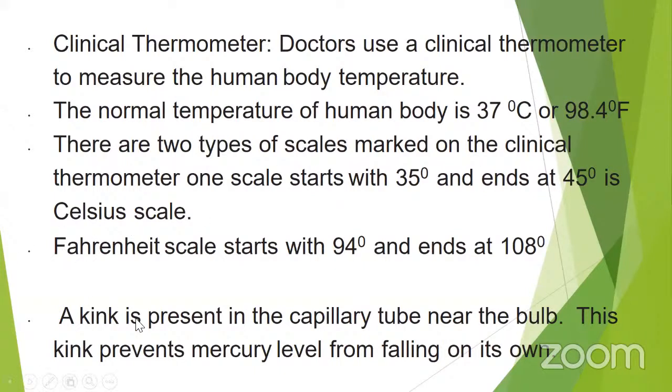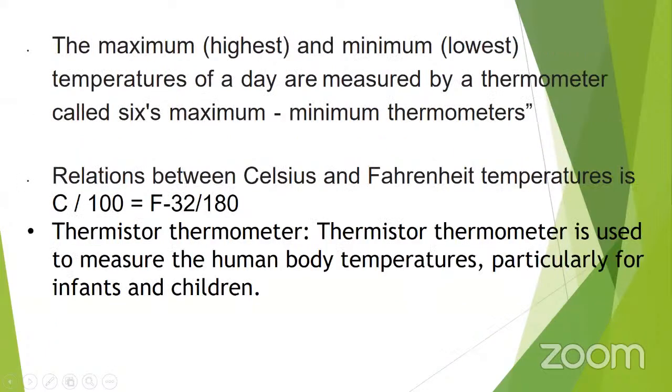But in a clinical thermometer we observe one kind of kink in it. This kink prevents the mercury from coming down when the thermometer is not in contact with the body. So this is essential to measure the temperature of the human body.